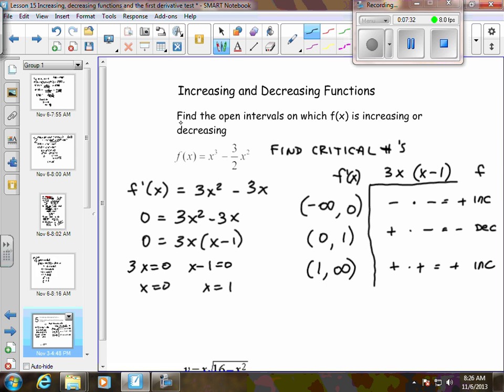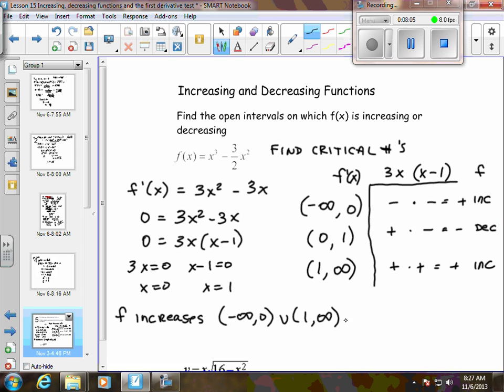The question was to find the open intervals on which f is increasing or decreasing. So now we state the results. Don't leave your chart for someone to interpret. You need to state clearly, f increases on the interval negative infinity to 0, union 1 to infinity.